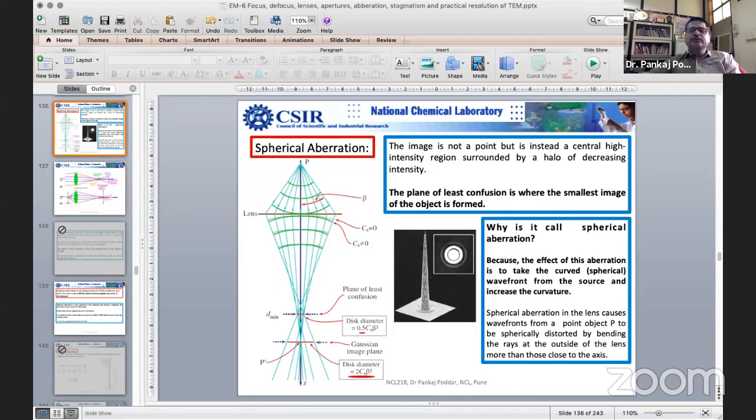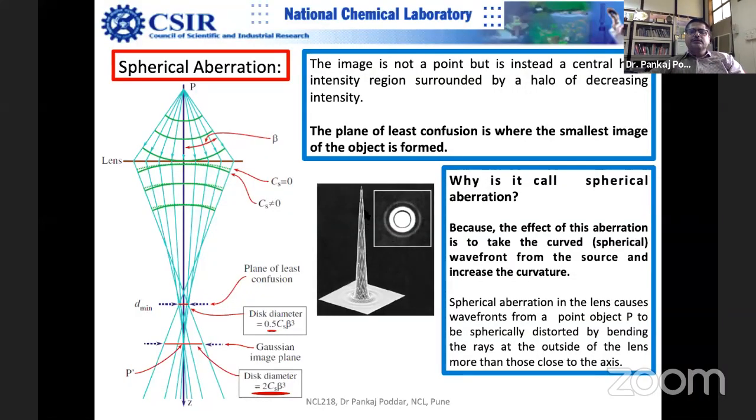If you notice, this is called the Airy disk. This is the disk which is formed here. So the point becomes not just a disk; it becomes basically a pattern, not just one single maximum, but you can see that there is a minimum, and then there is another peak, and then there is a minimum.